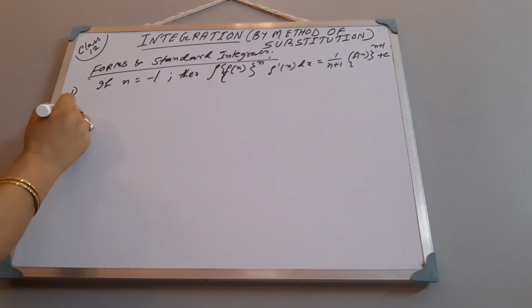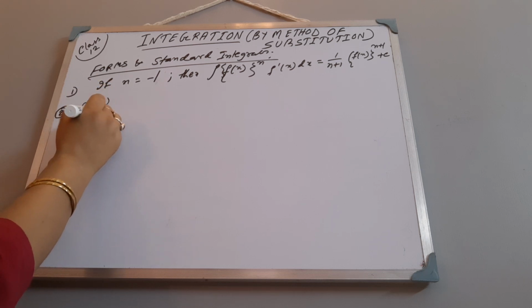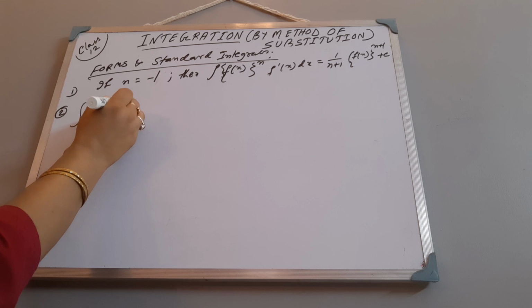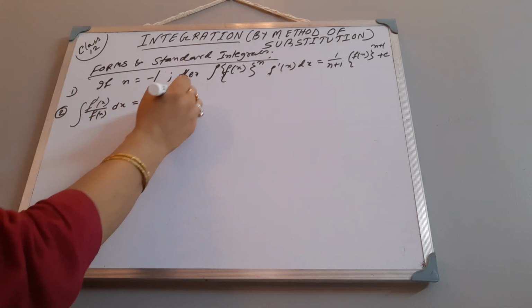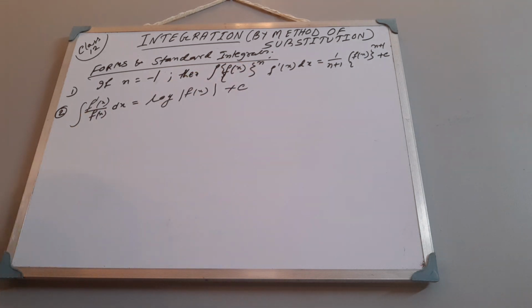Number 2, integral f dash(x) by f(x) dx is equal to log f(x) plus c.